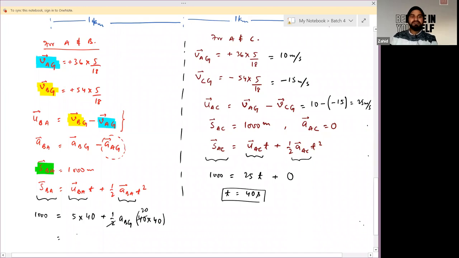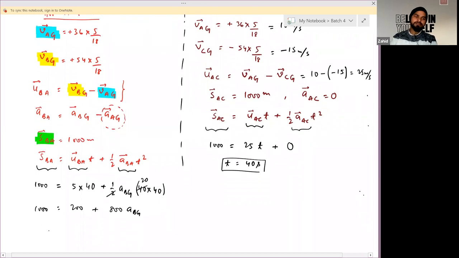Just simplify this. 5 into 40 plus 2 into 40 is equals to 1000. Move this 200 to the other side. You will get 800 equals to 800 times this. Therefore, acceleration of B with respect to ground will be 1 meter per second squared.